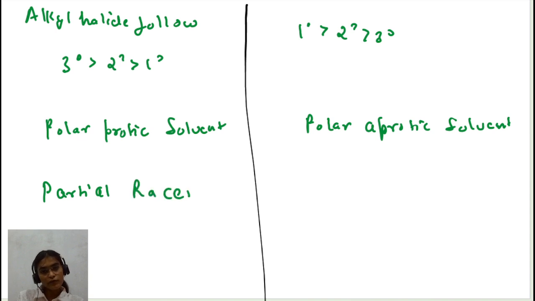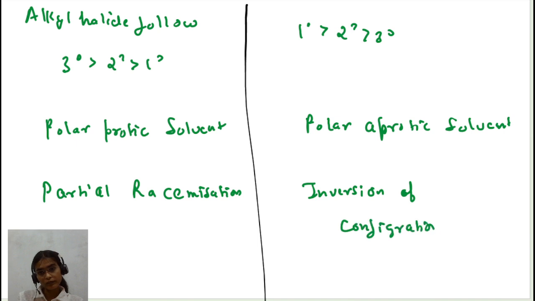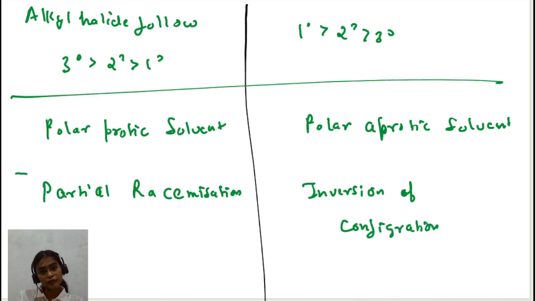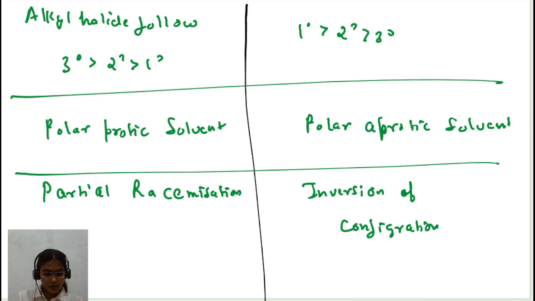There is a formation of a partial racemic mixture, and this side is inversion of configuration. First of all, this is the basic, theory-wise difference. Let's see some more differences through examples.